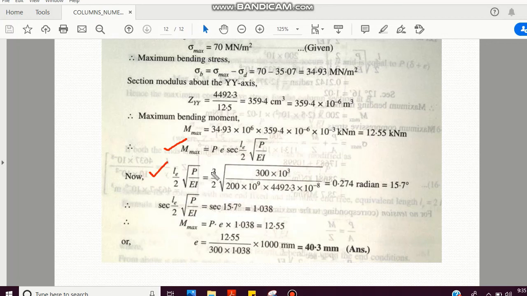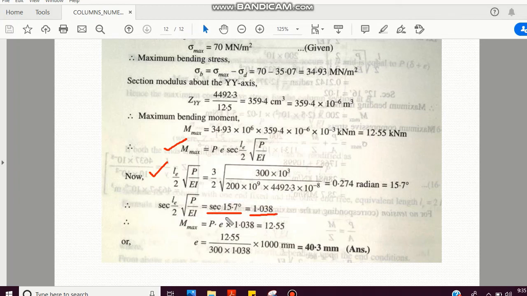The value becomes: L is 3, the effective length, by 2, into root over P, which is 300 into 10 to the power 3, by E, which is 200 into 10 to the power 9, into I, which is 4492.3 into 10 to the power minus 8. That is 0.274 radian or 15.7 degree.